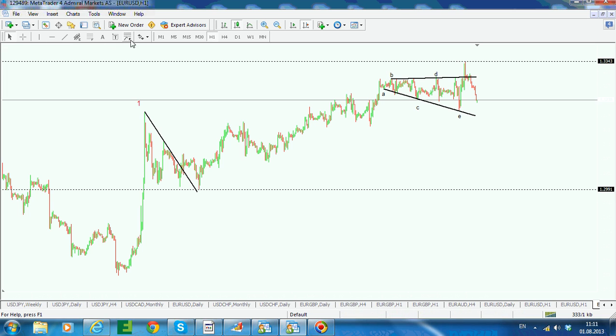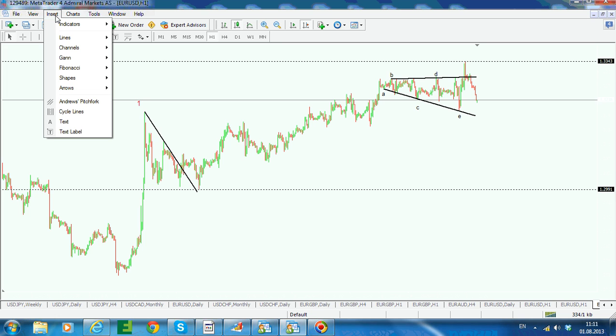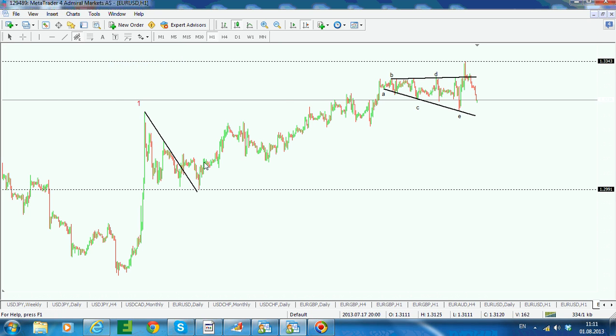And until this channel breaks, so let me take this channel here, the equidistant channel. So until this channel breaks, this is the channel that I'm looking for, something like this, and then we are looking for this to be a possible correction, and this to be a next wave of a higher degree.